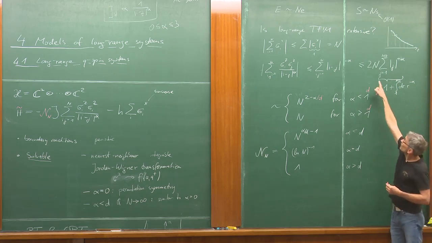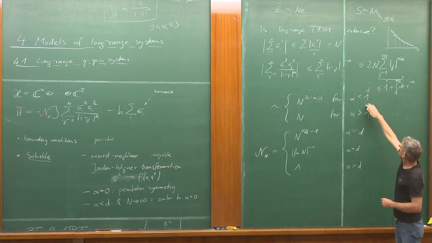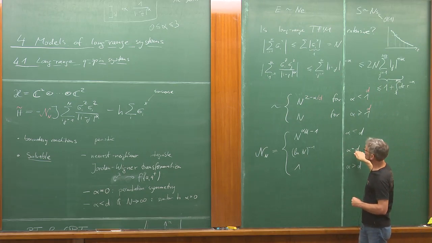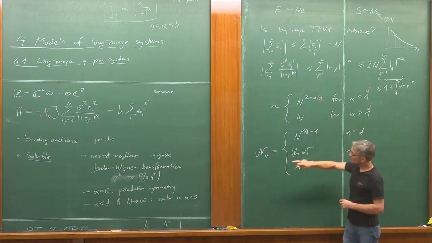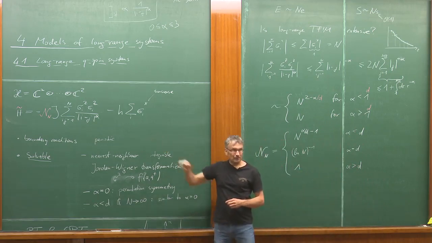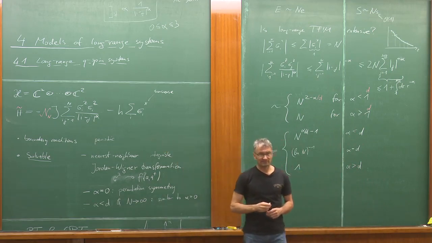But this n, yeah. So in here I didn't write down the alpha equal d result. If I would write it down, I would have it in here. But I want the prefactor such that it is extensive. So I want to have the n, and this is why. Okay.